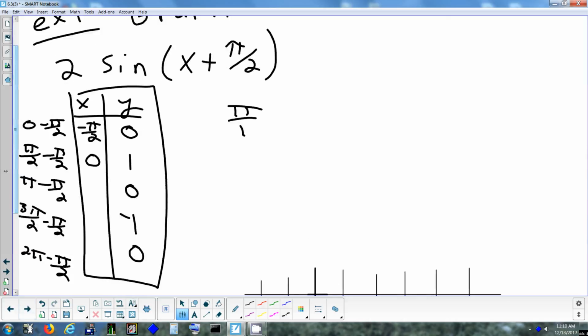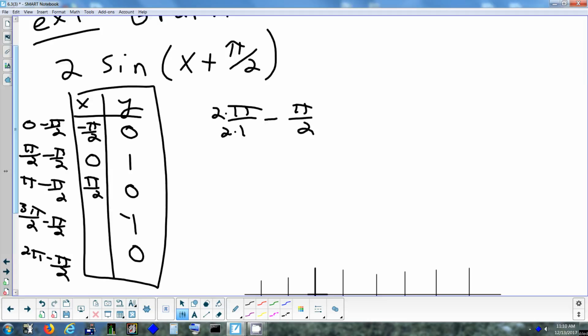Now the next one is pi minus pi over 2. What's the common denominator? 2. 2 pi over 2, take away 1 pi over 2. Pi over 2. Yep, pi over 2.